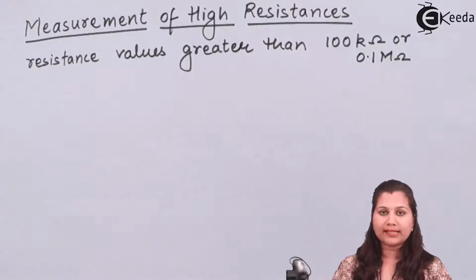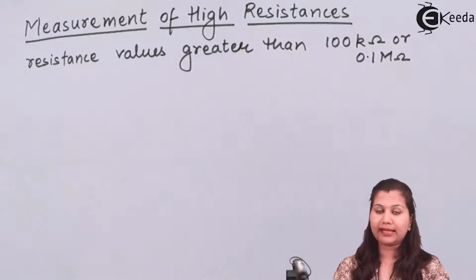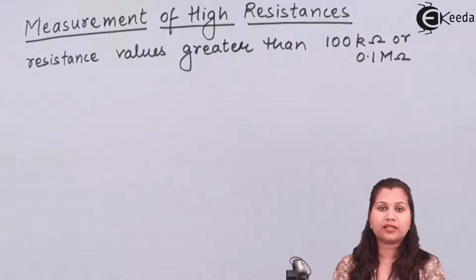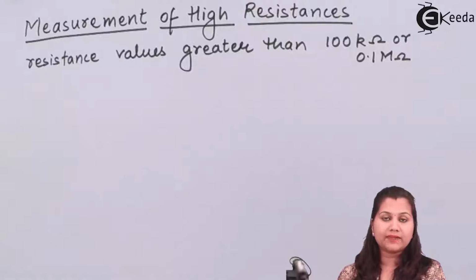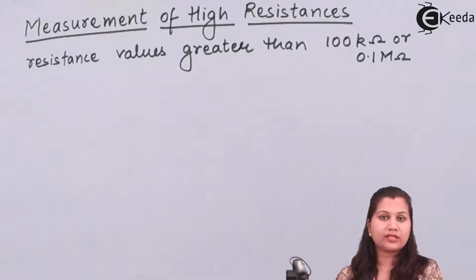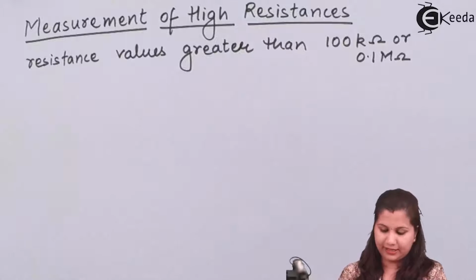Now, there are various examples of high resistances like the insulation resistance of the electrical equipments, volume resistivity, and surface resistivity of the equipments. All these resistances come under the category of high resistances.